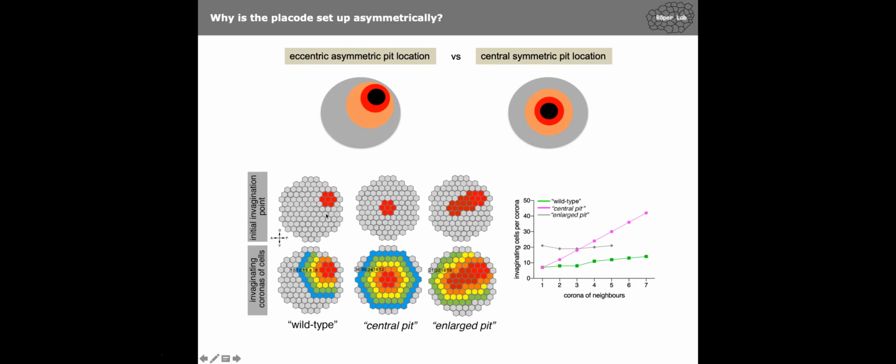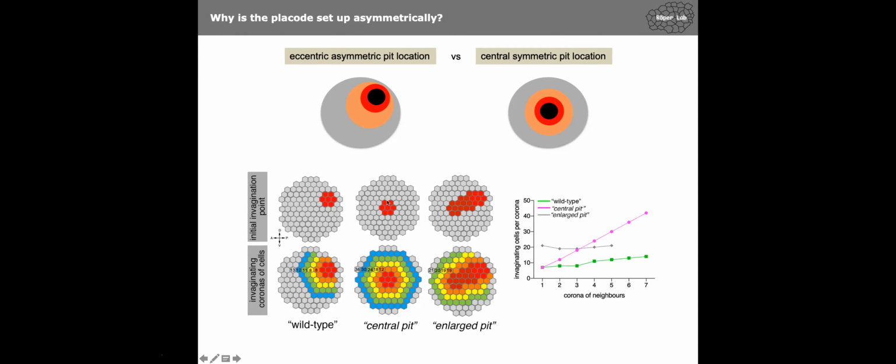So if we have, as in the wild type, this eccentric small pit that starts to form originally, then over time with a new and a further corona of cells, here color-coded, invaginating, if we look at the number of cells in these coronae, then although the number of cells increases slightly, it's a very slow and steady increase, and more or less a very similar number of cells invaginates, which probably helps to generate a narrow lumen of a defined diameter that remains like that throughout the process on the inside of the embryo.